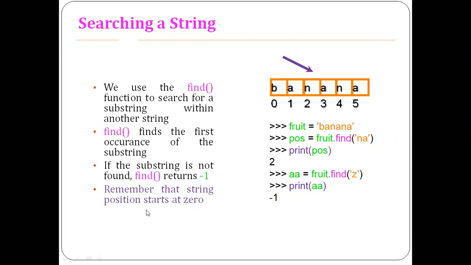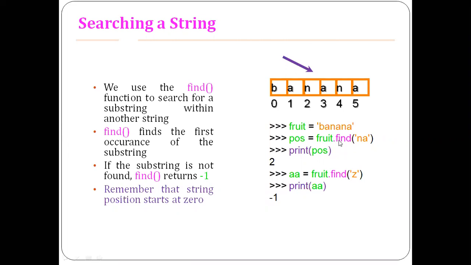Remember that string position starts at 0, right? String position starts at 0. That's why the return value in this case is -1 if the substring is not present in the given string. Look at one example of the substring here. Fruit is equal to banana. It's a string object, fruit is equal to banana.